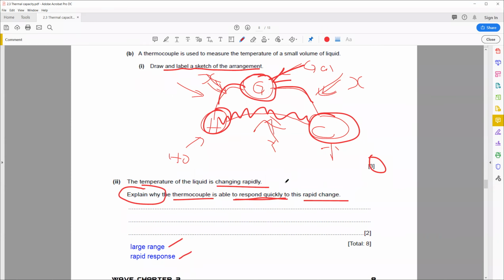And if you think about it, I actually mentioned this in class before as well. How do thermocouples actually measure temperature? They actually measure temperature through the difference in the metals here, right? In other words, you could say that it is the expansion of metals that is causing the reading on the thermocouple here, right? Today, we know for a fact that thermocouples will respond much quicker because these are metals.